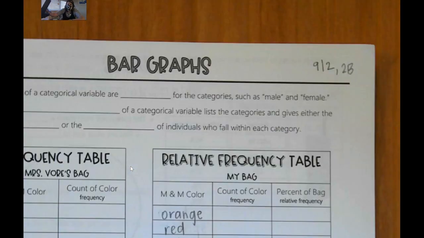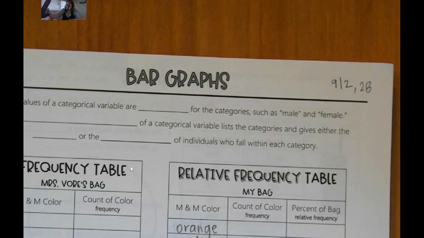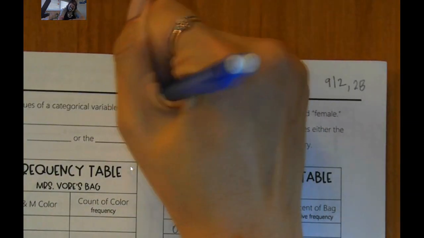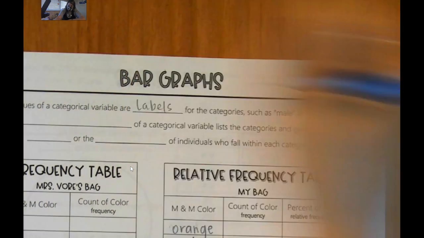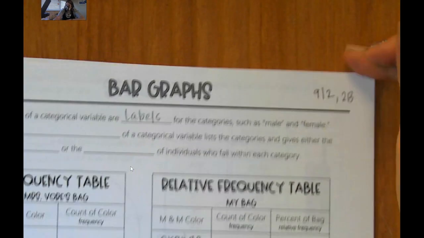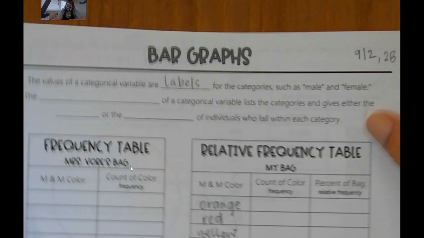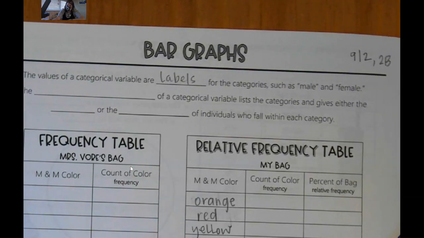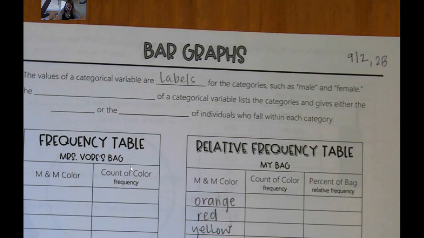Okay, the values of a categorical variable are labels for the categories such as male and female. The blank of a categorical variable lists the categories.